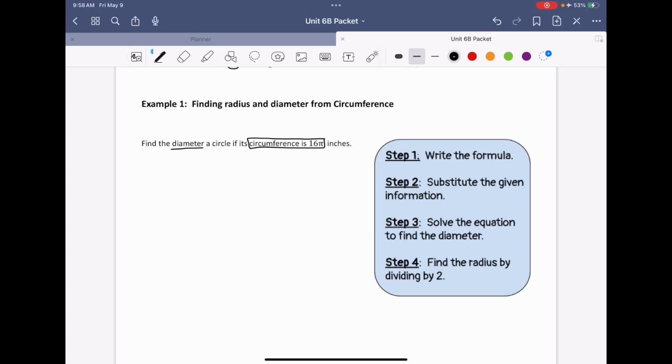So if it's telling me the circumference, that's the formula I'm going to write down, so C equals pi times d. Then I know, based on what they gave me, that the circumference is 16 pi. I need to find out what the diameter is because I don't know the diameter. And if I don't know the diameter, then I also don't know the radius.